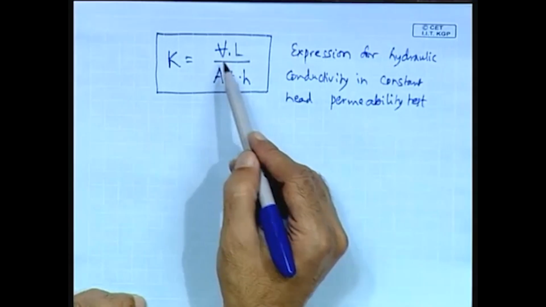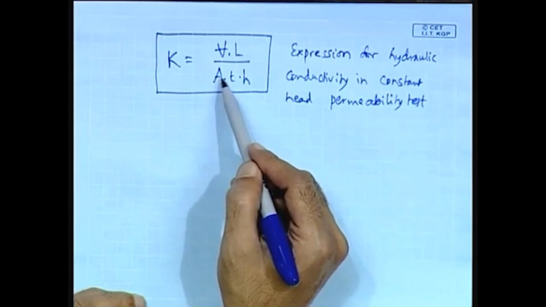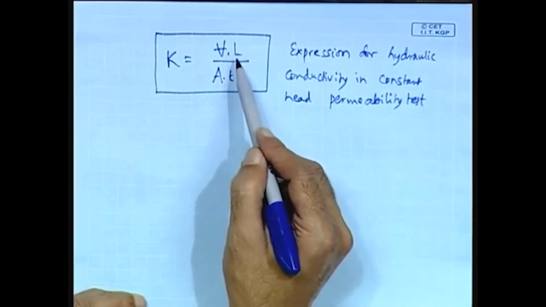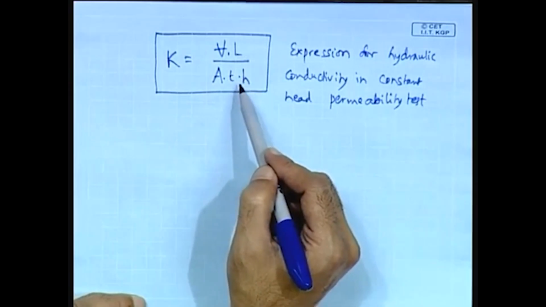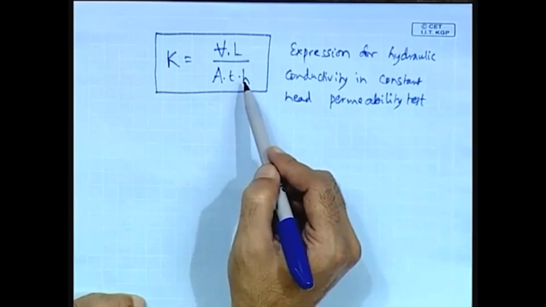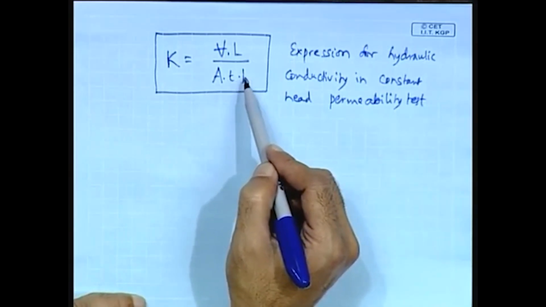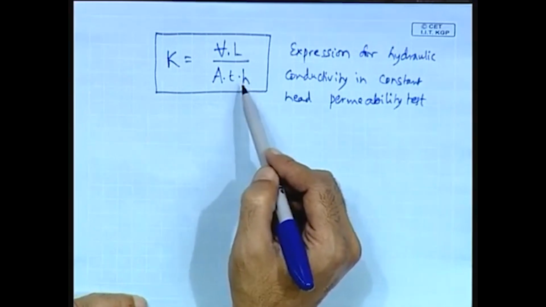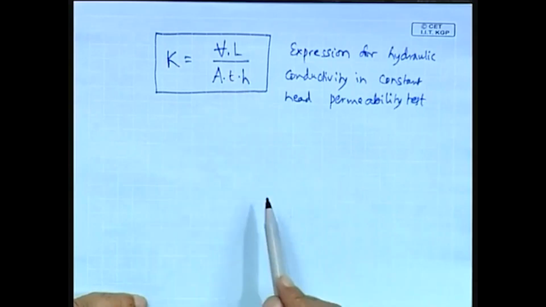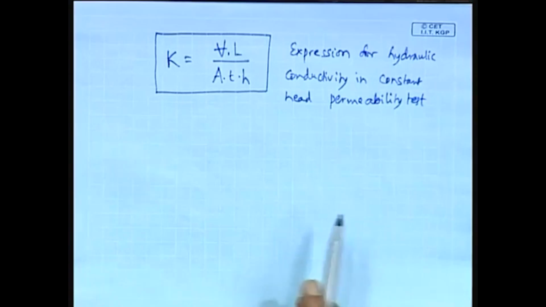So here the collected volume is V, the cross sectional area is A, and then the 2 linear parameters are the sample length along flow and the constant head between the constant level supply tank and the level of constant groundwater level after it has flown through the soil or rock sample, and then T is the time of collection. So, this is the constant head permeameter, which is also known as the constant head permeability test.